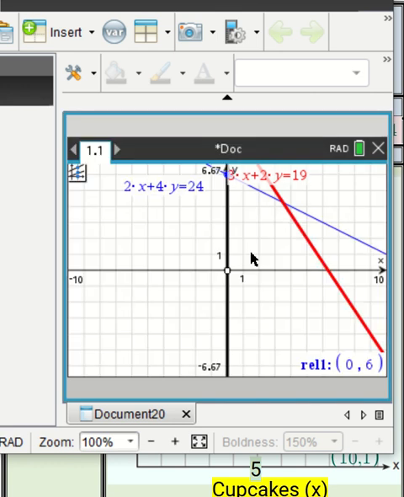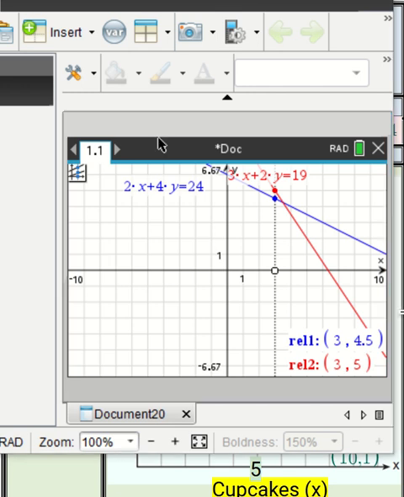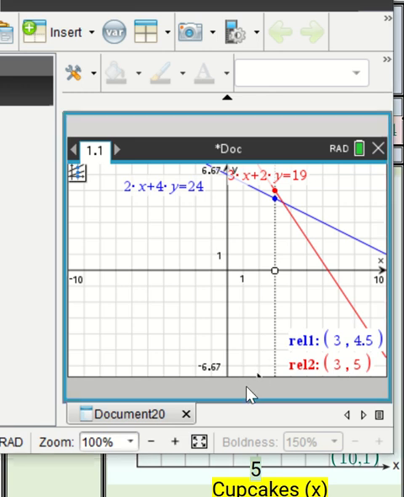My first line is already on my paper, so I want to go and find points for the second line. So the first point I find is 3, 5. So I'm looking down here at my second relation. I have 3, 5, and I'm moving to the right. So the next point is 5, 2, followed by 7, -1.